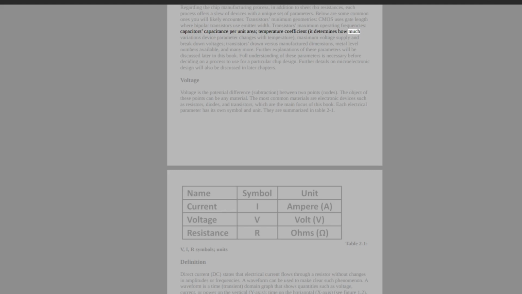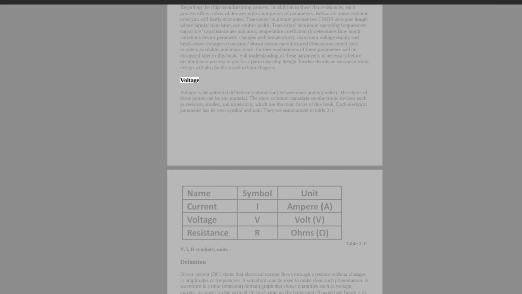It determines how much a device parameter changes with temperature. Maximum voltage supply and breakdown voltages. Transistors drawn versus manufactured dimensions. Metal level numbers available, and many more. Further explanations of these parameters will be discussed later in this book. Full understanding of these parameters is necessary before deciding on a process to use for a particular chip design. Further details on microelectronic design will also be discussed in later chapters.